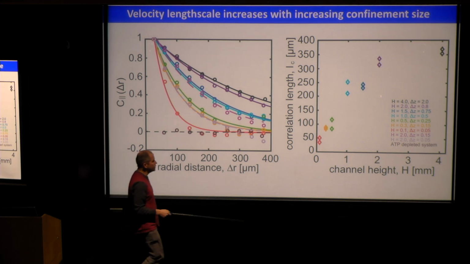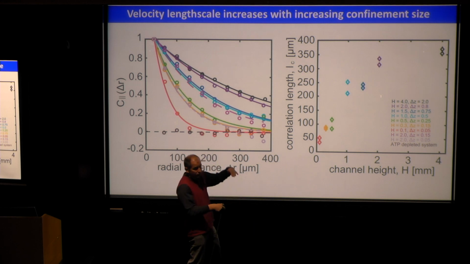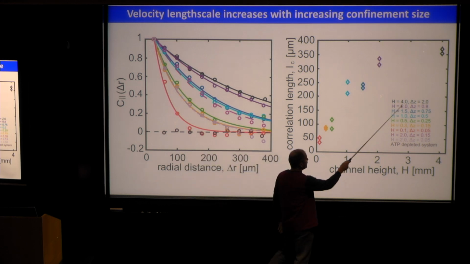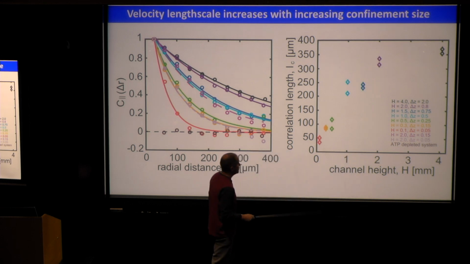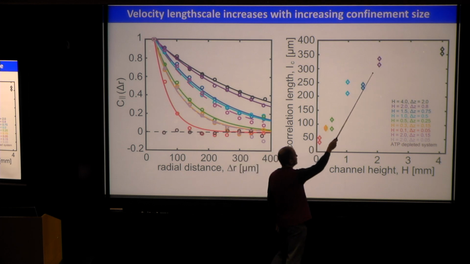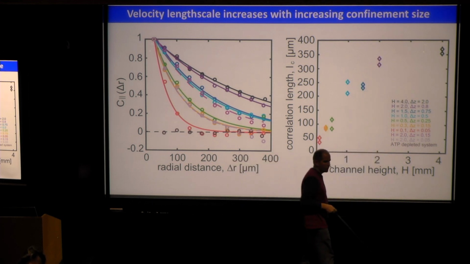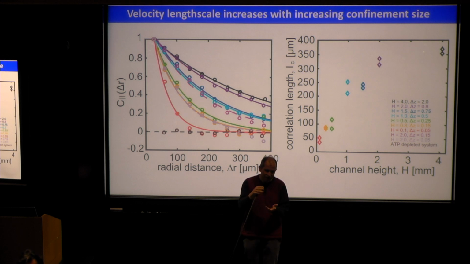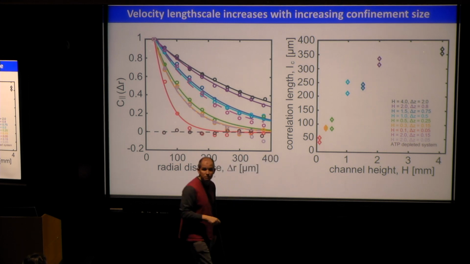What we do here is systematically increase the confinement size, and we've gone to about 4 millimeters. You can see that the length scale of the velocity field increases linearly. It's unclear if it's actually saturating here, because our box size is also of the order of 4 millimeters.